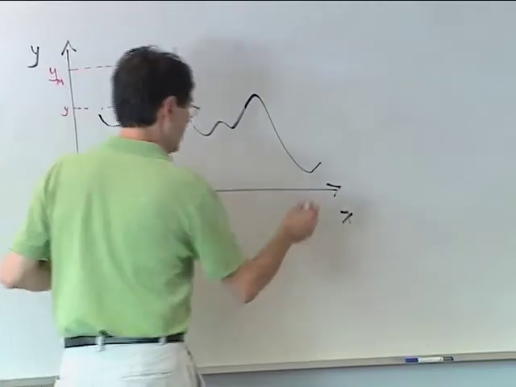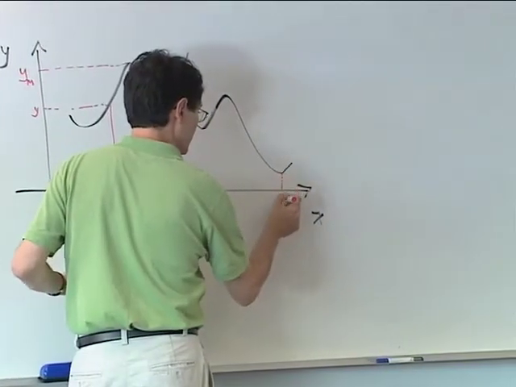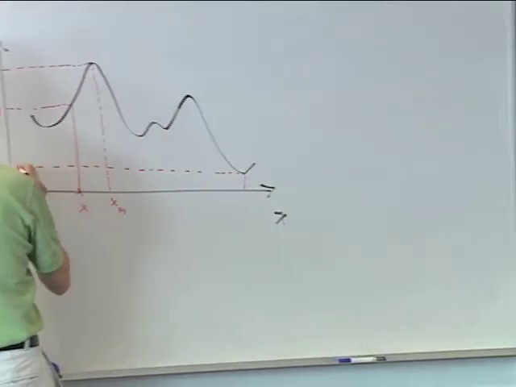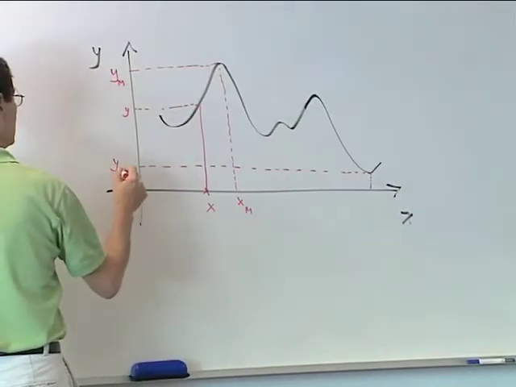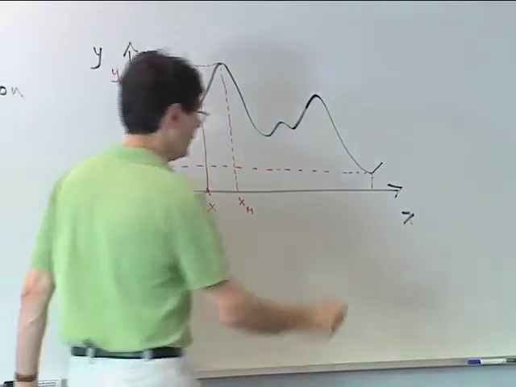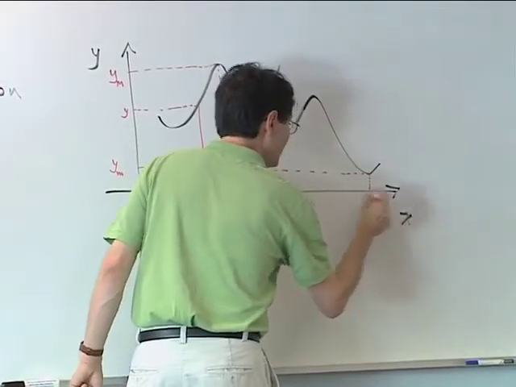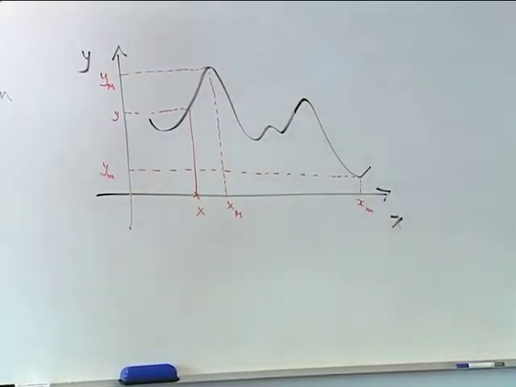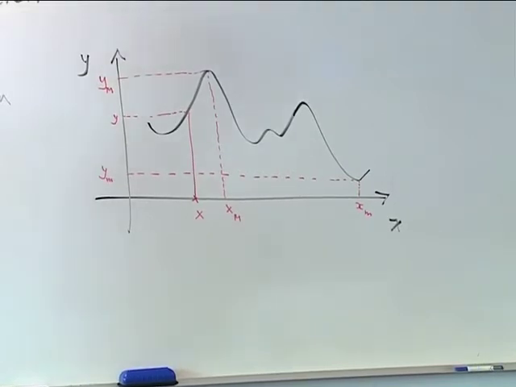So this is the x I want, and this is the y I want. I'm going to call that ym, little m for minimum, and I'm going to call this xm, little m.